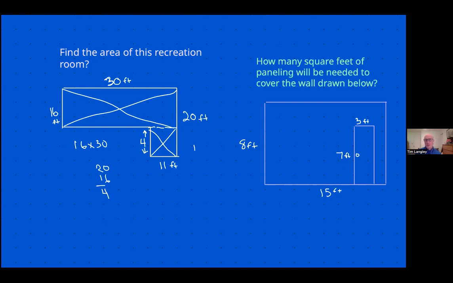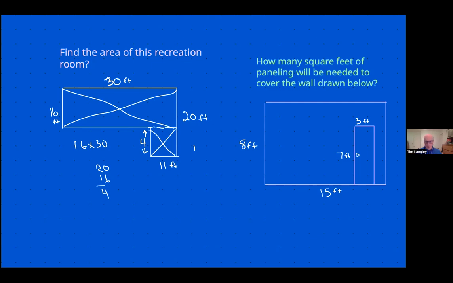All right, I'm going to move down to the last example. How many square feet of paneling will be needed to cover the wall drawn below? Again, this is a similar problem, but it's a subtraction problem because I've got a door here. It's a 7-foot by 3-foot door. So step one, find the total square footage, 15 times 8.